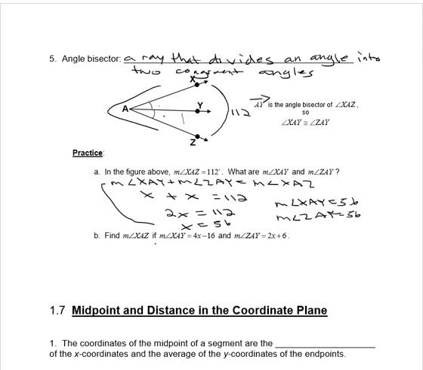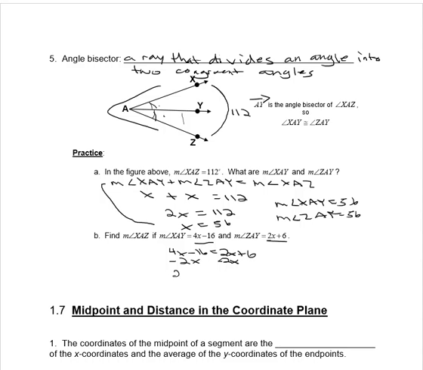Now they're telling us to find XAZ if one part is 4x minus 16 and the other is 2x plus 6. Well, I already know that AY is an angle bisector, so these two angles are going to be the same. So I'll just set them equal to each other: 4x minus 16 equals 2x plus 6.